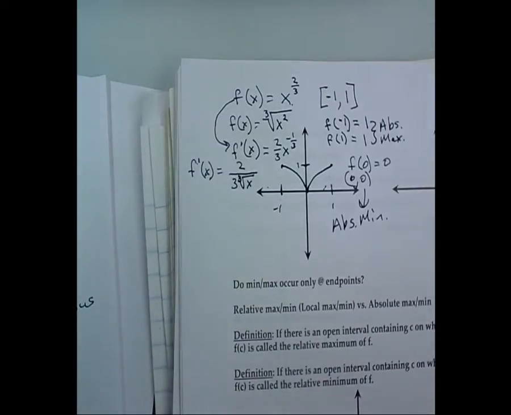So the moral of this story is you have to find what values give you 0 both in the numerator and in the denominator. In the denominator, they will be sharp points. In the numerator, they'll be nice curved points. There'll be a smooth curve.